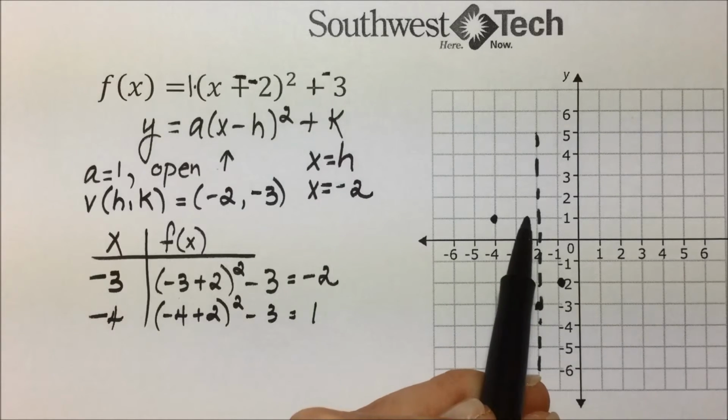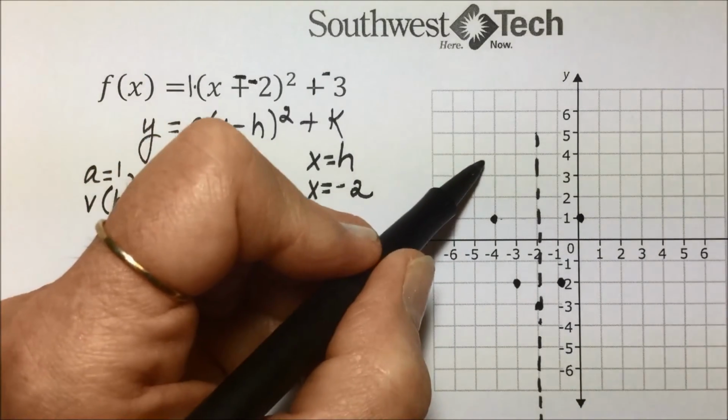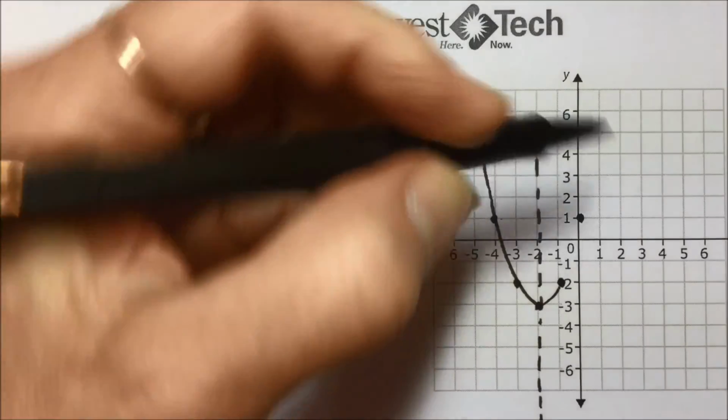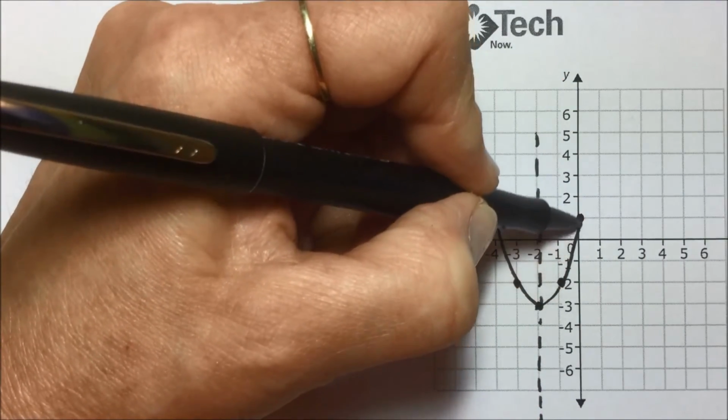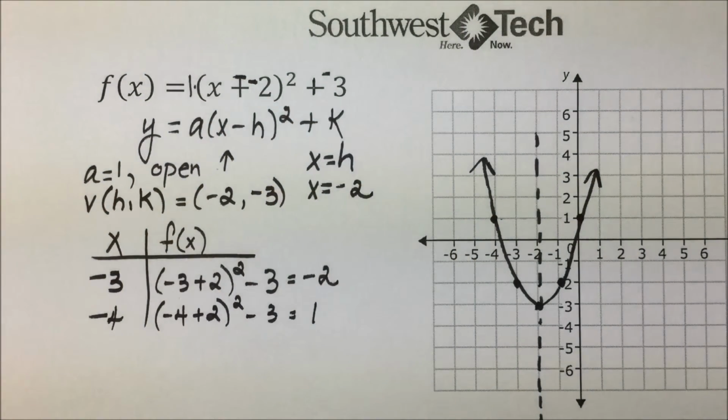At this height, we're 2 away from our axis of symmetry, so we'll go 2 over on this side, and connecting those, we have, in fact, an upward opening parabola, as our a had indicated.